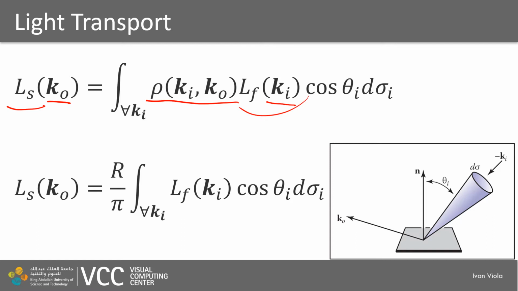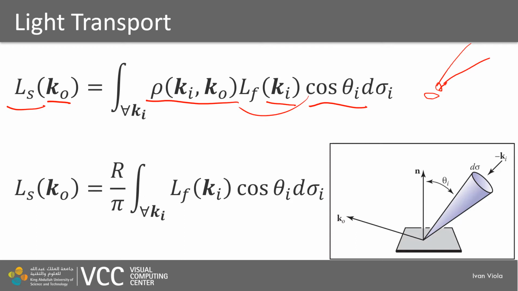In this integral, we also have the cosine of the incoming theta, because you might remember that we had this opening of our cone, which was then projected on our surface as an ellipsoid, and to correct for the proper area, we used this cosine term.